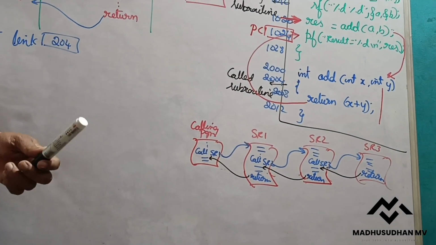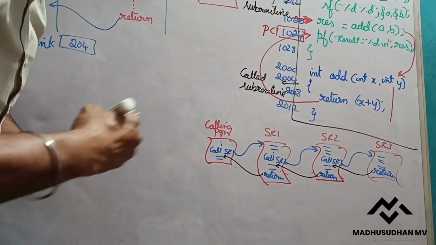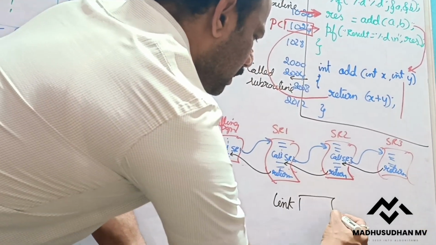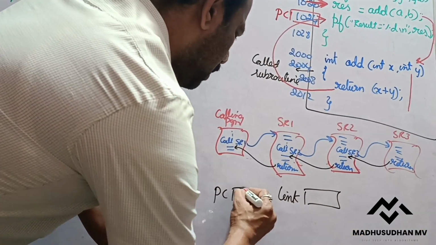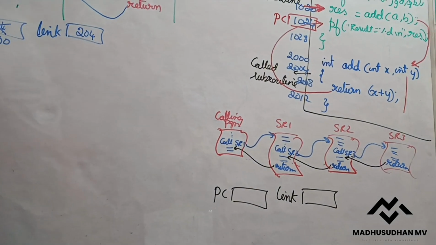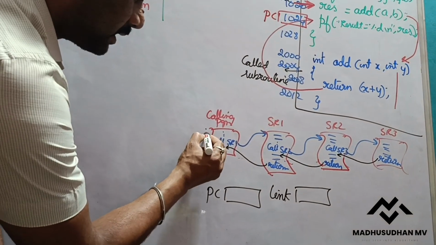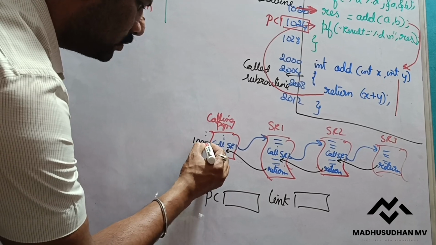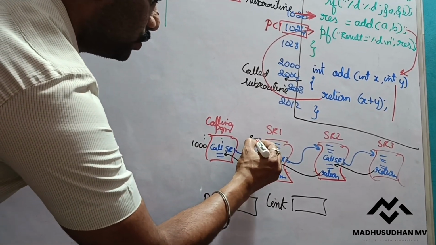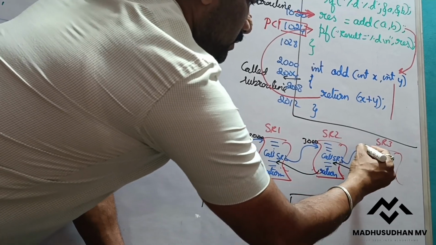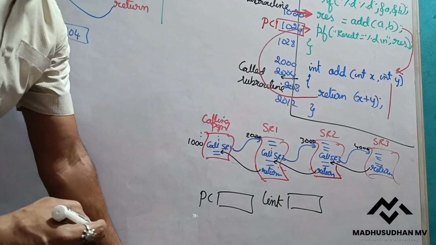Now the question is, we have only one link register and one program counter. Let us take some addresses as an example. Assume this address is 1000, this address is 2000, the first instruction of the next is 3000, then 4000.